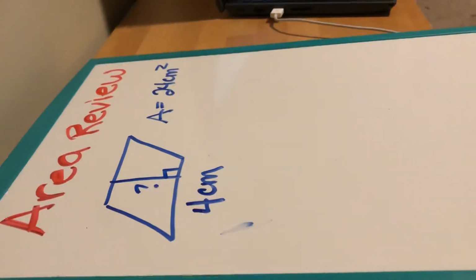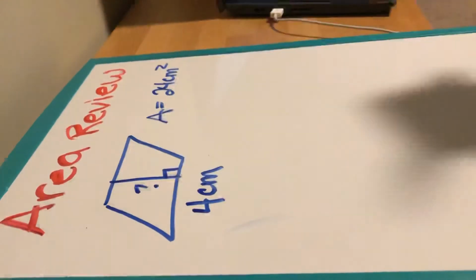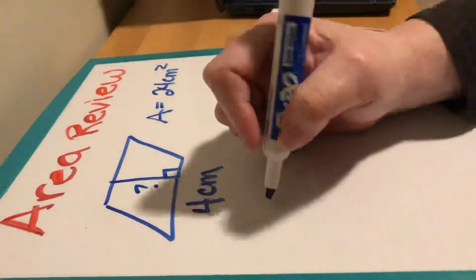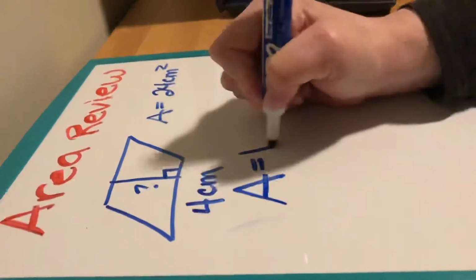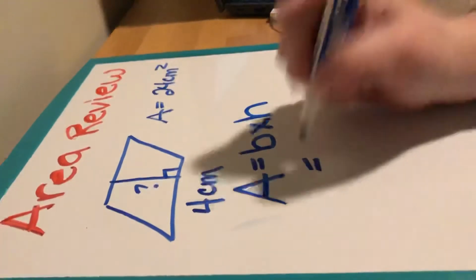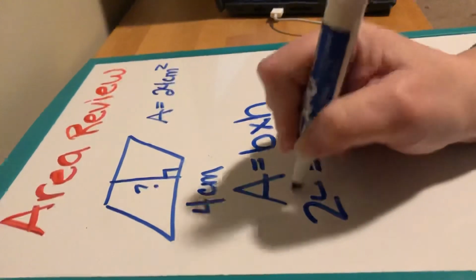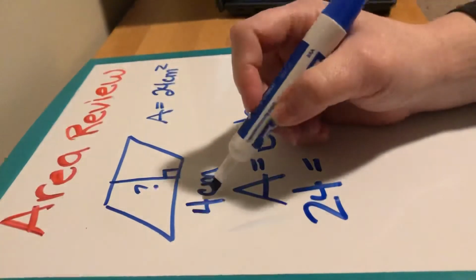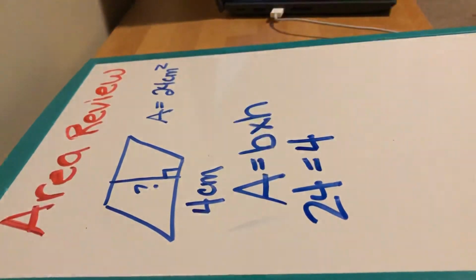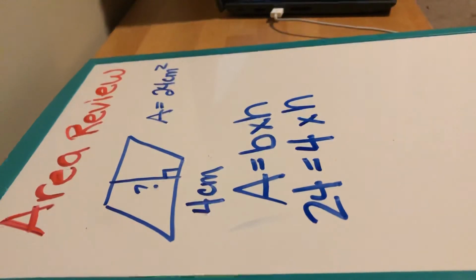I have no idea. It's not listed. So I'm going to solve for my H because I don't know what it is. So the first thing I do is I put in my formula, base times height. I plug in what I know. In this case, I know the area is 24. I know the base is 4, but I don't know the height. So I'm just going to leave it as an H.